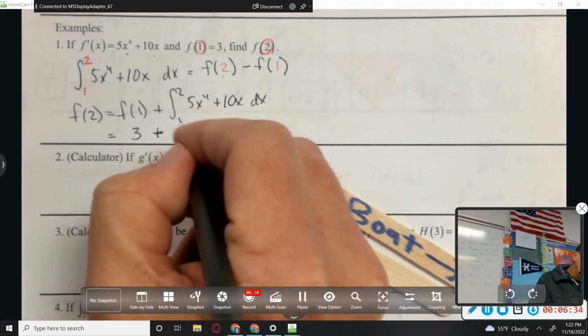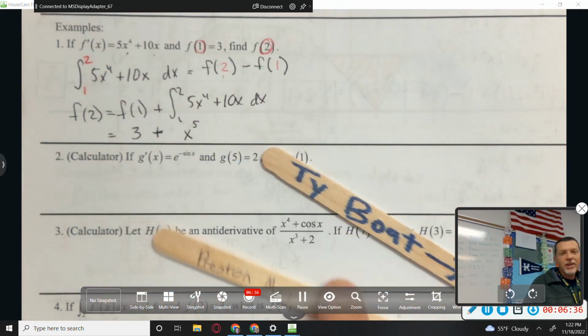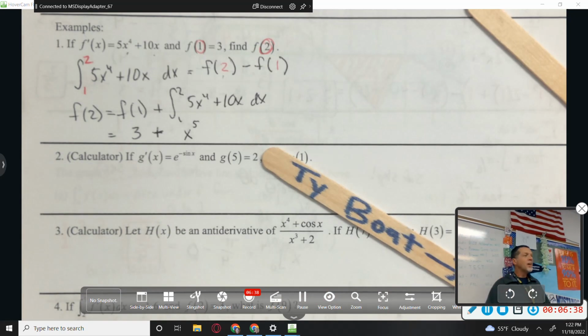Yes, not incorrect. I'm going to go ahead and reduce that to x to the 5th, but what you said was right: increase the power by 1, divide by the new power.